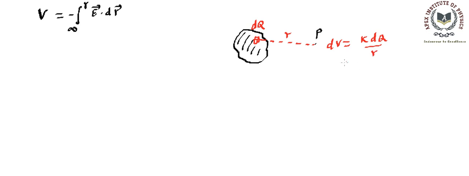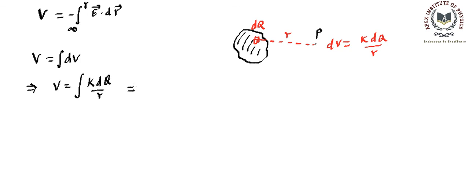Now if we can find the potential at this point because of a small charge element, and we sum up all the charge elements, we will get the total potential here. So another formula is: the total potential at any location is going to be the integration of dV. Placing the dV expression, it is the integration of k dq divided by r.